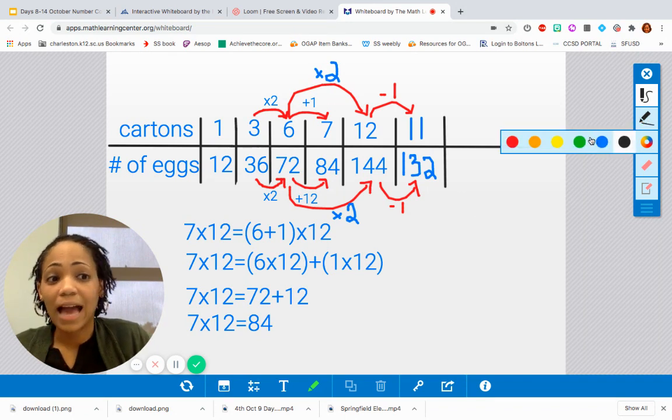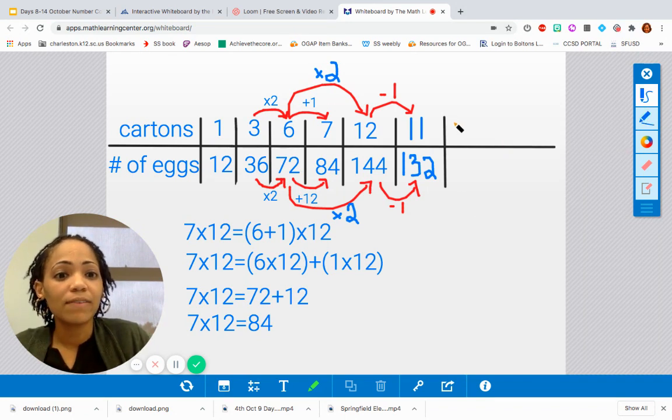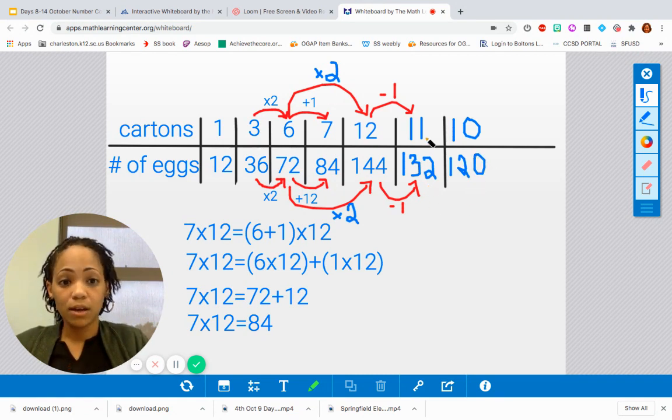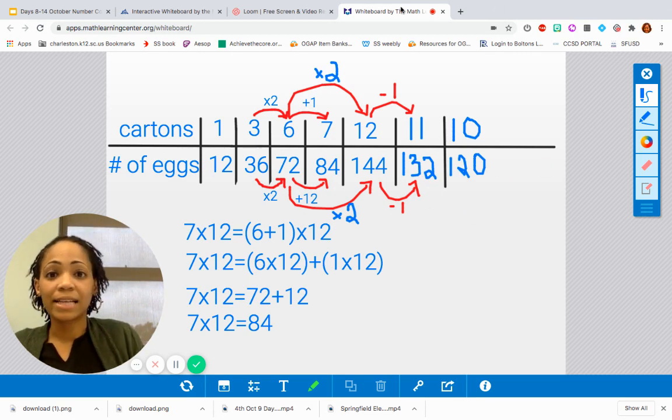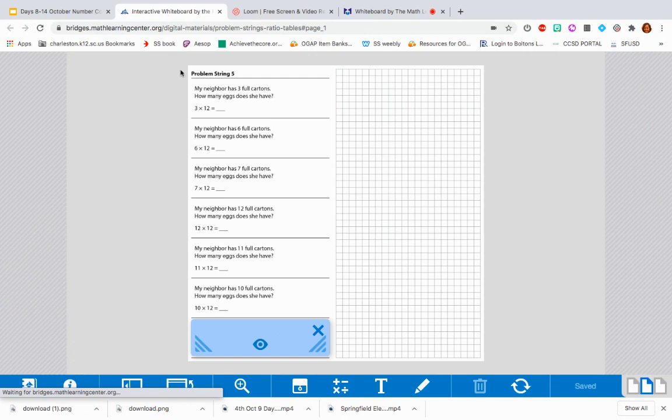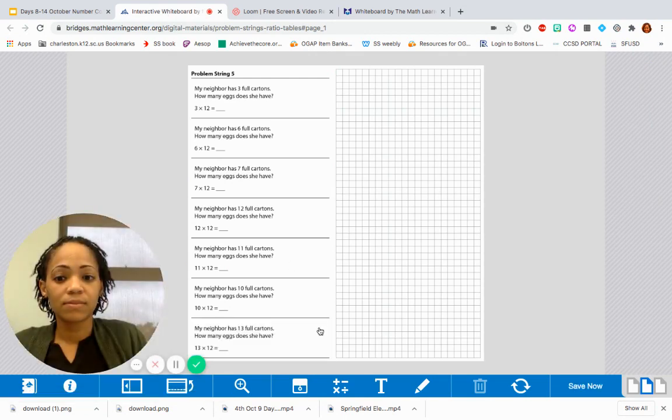So we don't necessarily have to look for any relationship with our 10s because we know our 10s. So now we have 120 eggs, which again is taking away one group, which is taking away 12. So our very last problem, here it is. 13 times 12.